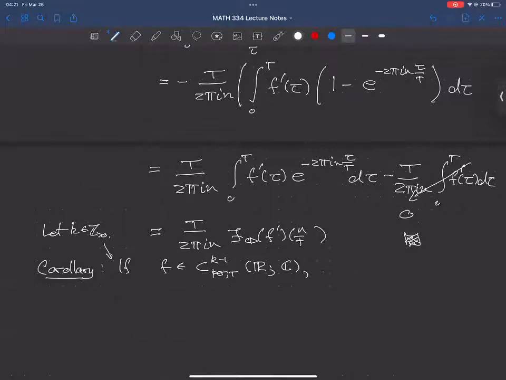Then, if f is C^(k-1), and if there exists some function, which I'm going to call f_k, in L1 periodic on [0, T].